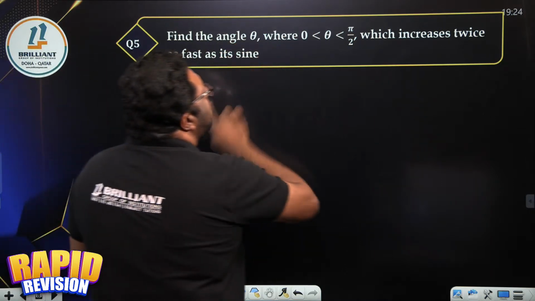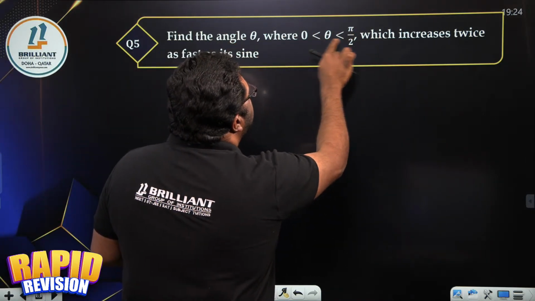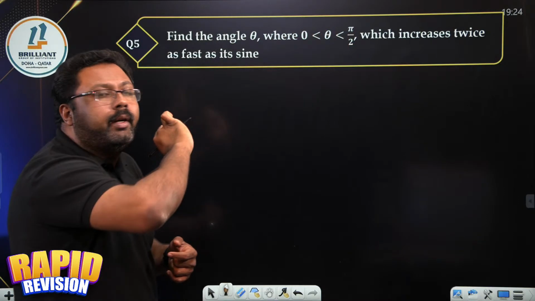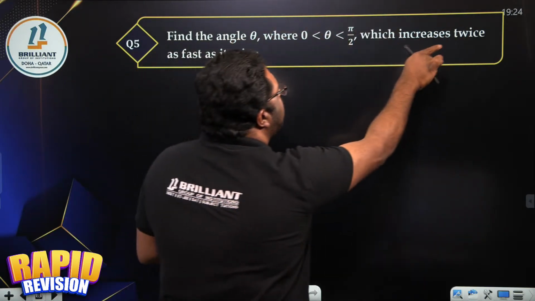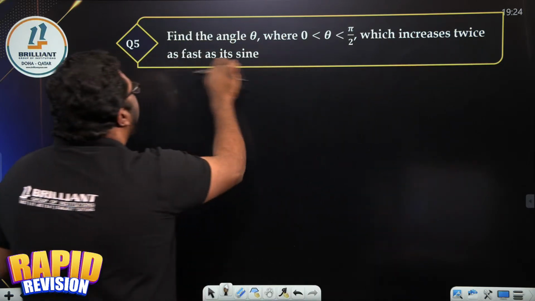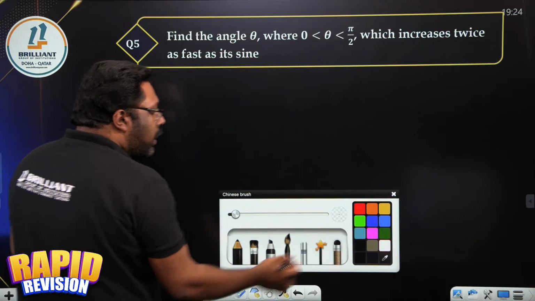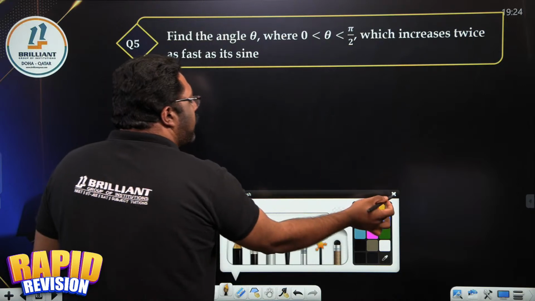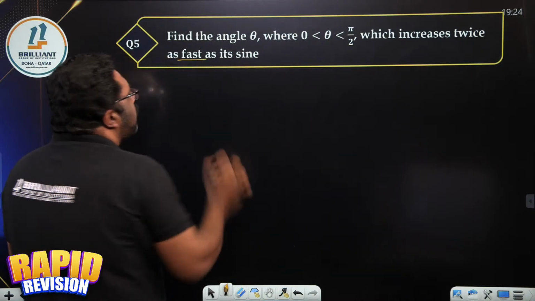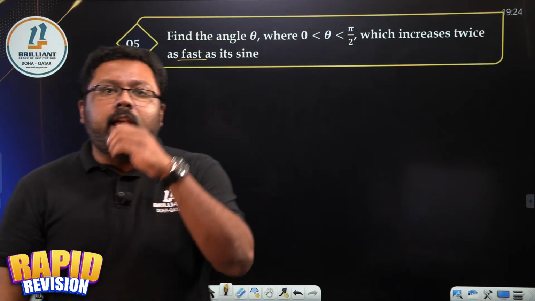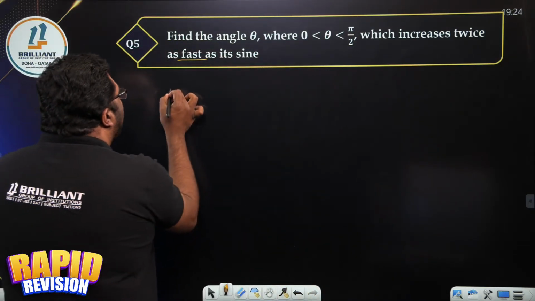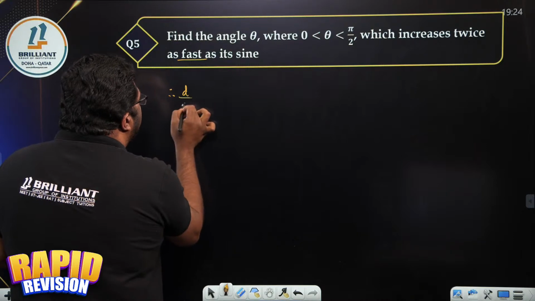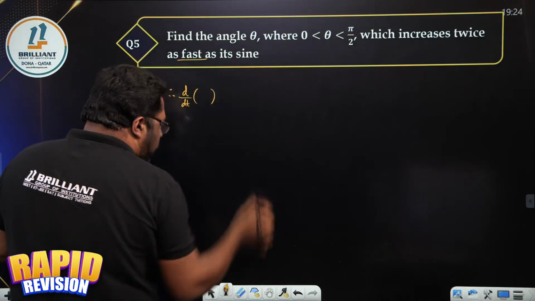Find the angle theta, which is between 0 and pi by 2, that is in the first quadrant, which increases twice as fast as, again the word faster, speed, change with respect to time. So therefore it said that the change in what, my dear students?